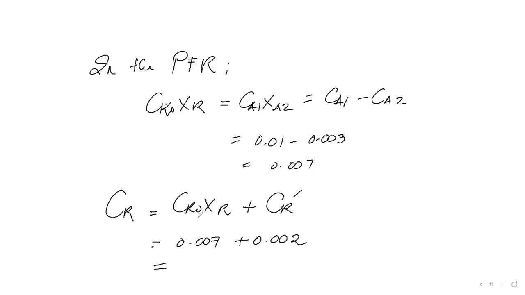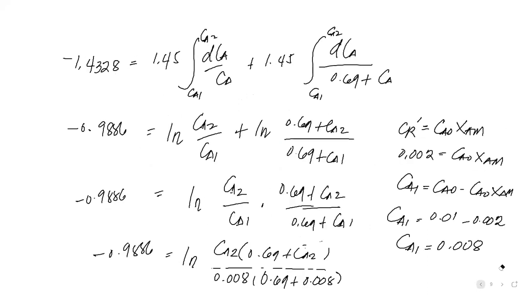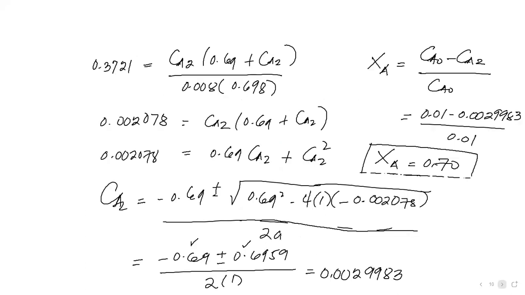I made a mistake, I think, in here. For the PFR, that would be CA1. Our CA1, I placed here CA0. Sorry, so we'll change this. Our CA1, did we compute already for CA1? Let's go back. 0.008. So this is our CA1. Sorry, I substituted the CA0.